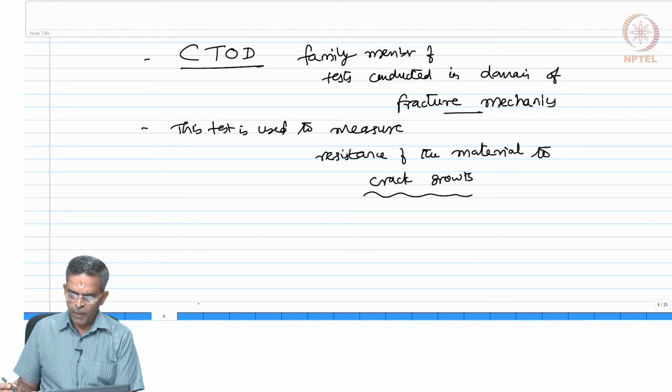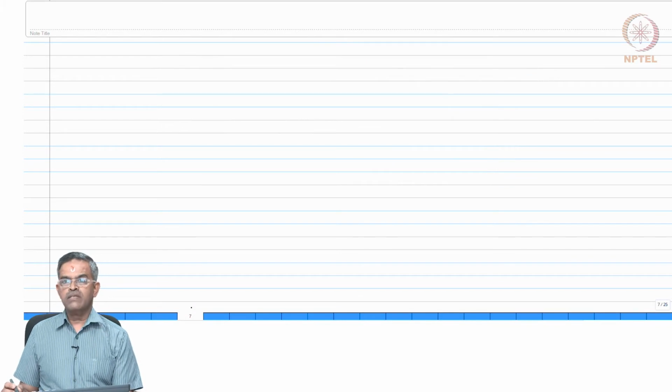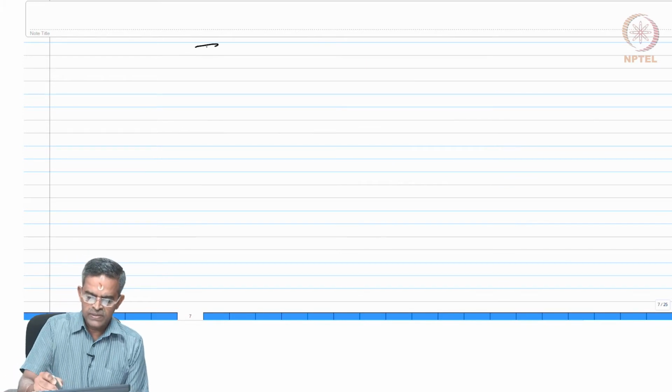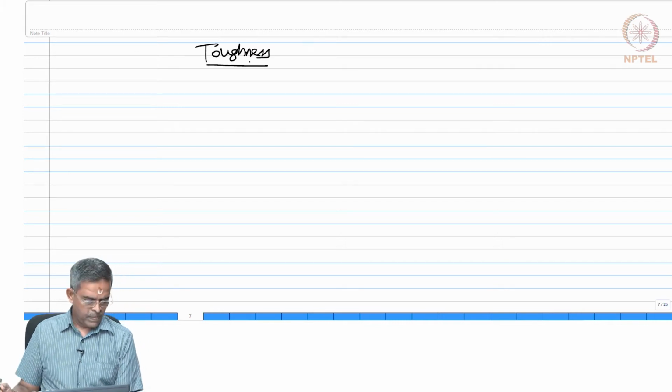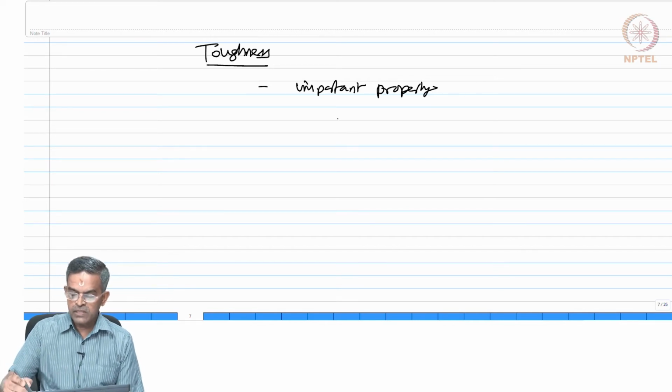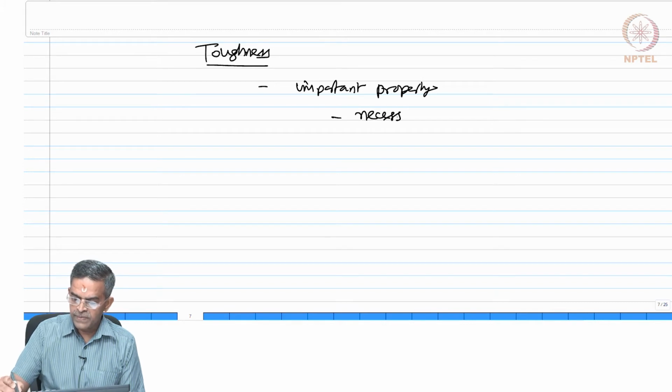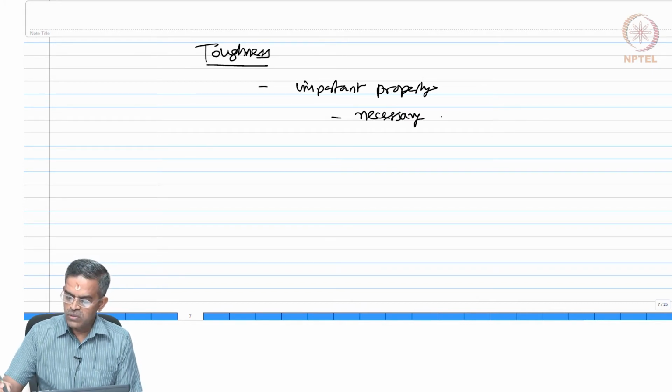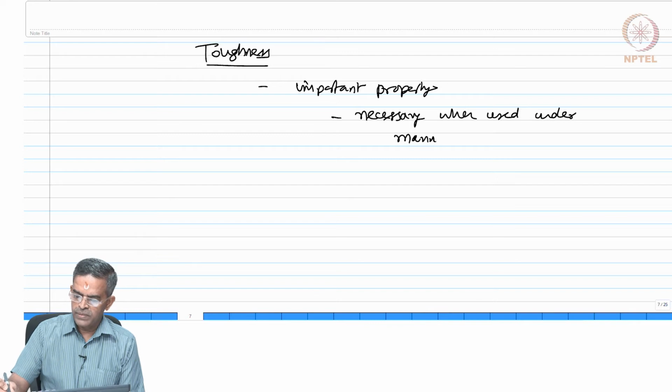The next interesting property which steel is expected to possess is the toughness. Toughness is an important property which is considered to be necessary when you use under marine environment.